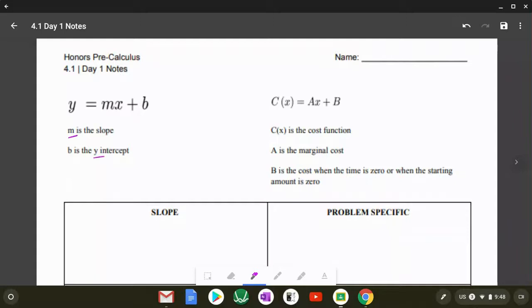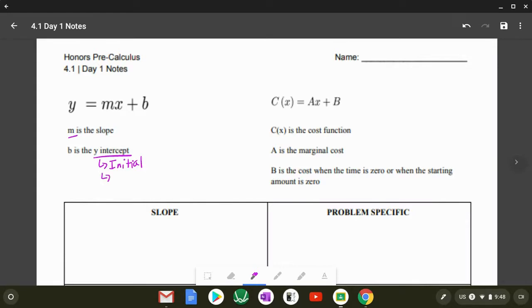So a couple things to note about the y-intercept is, remember, slope is a changing value, so the cost per amount of item. The y-intercept is your initial cost or initial value.